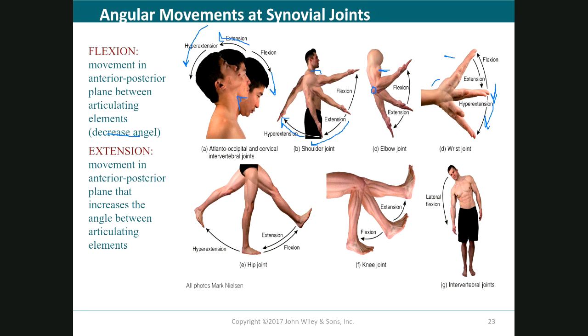Hip, same thing, flexion is coming up, decreasing the angle, hip extension, and then you could go beyond to hyperextension. Knee, flexion, here's the angle of the joint, decreasing it, knee extension. And again, we have the patella here, which would limit the joint movement.